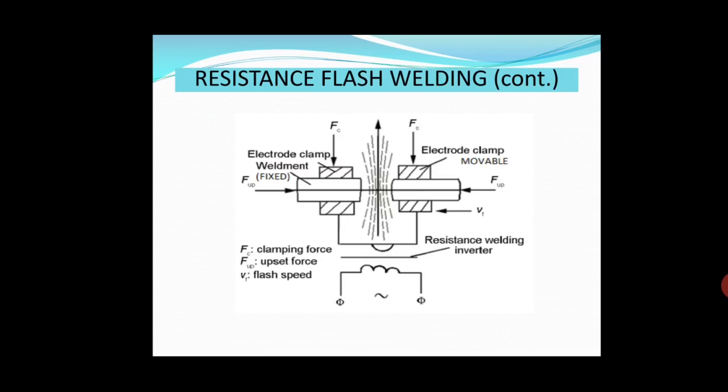But here, due to the contact, the molten metal and the slag at the end of the pieces are squeezed out in the form of splash or spark, for which it has certain advantages. Otherwise, it is almost similar to butt joint, and it is used to connect end to end joint.